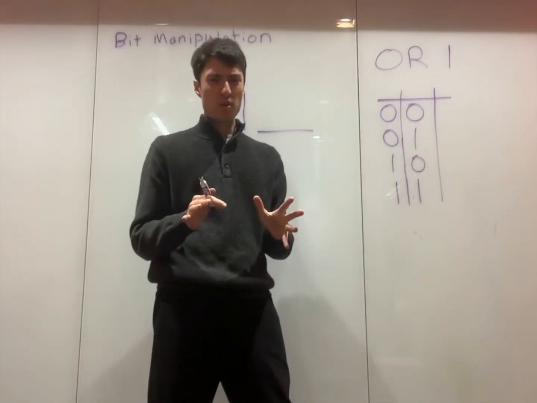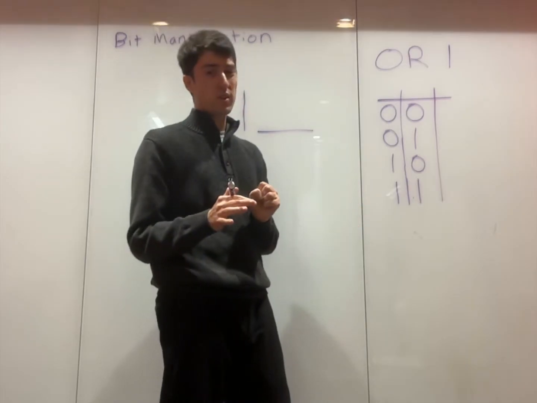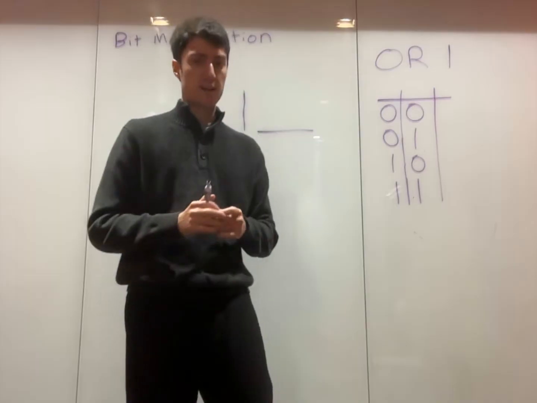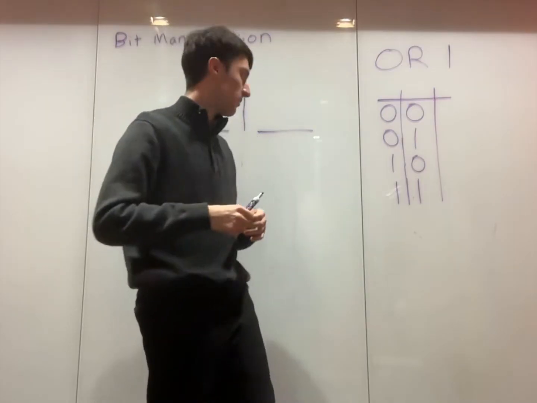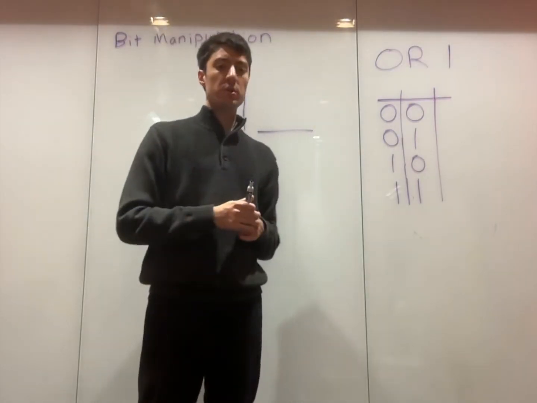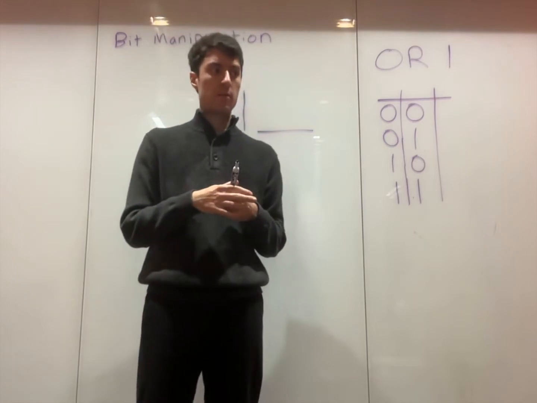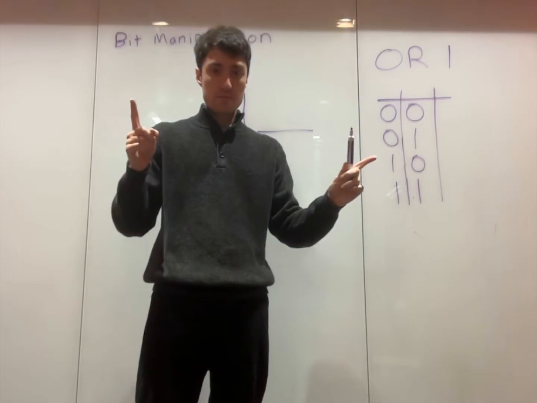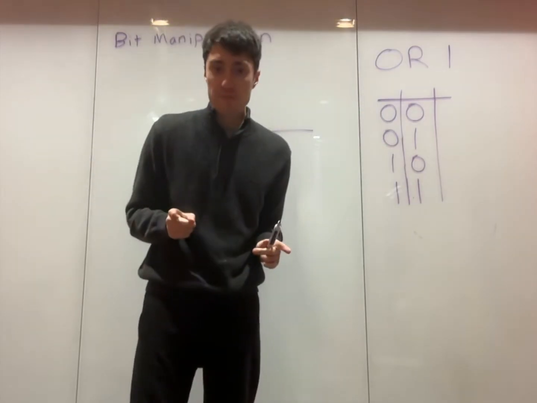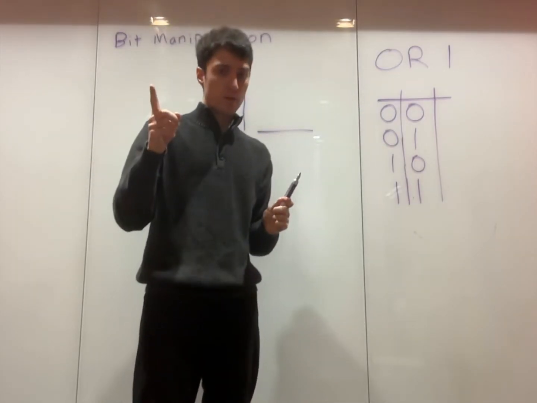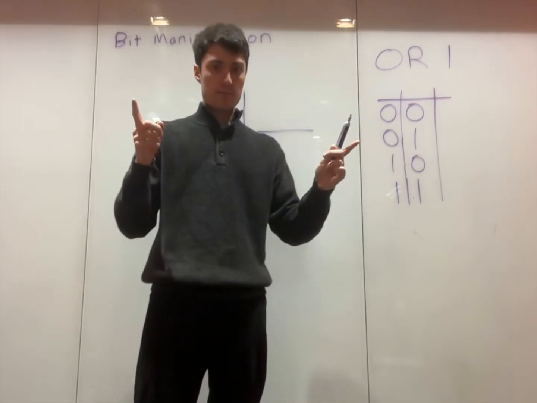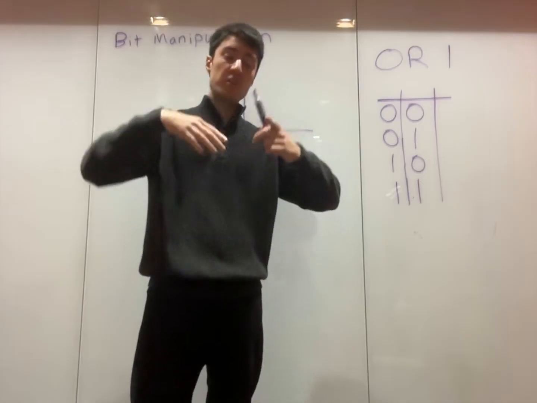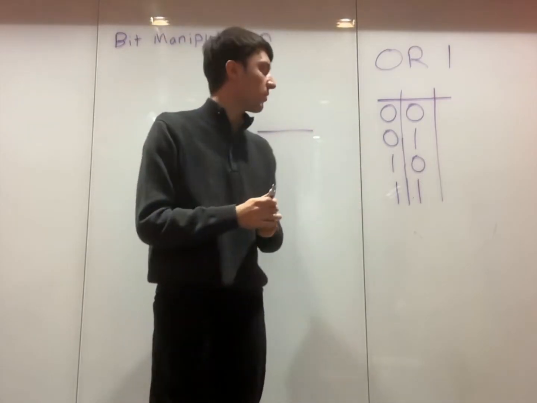These statements are actually very easy to understand because they follow English syntax. What do we mean when we say or? It means one or the other, or both. And if they're both, then we say yes, that's true as well. And that's what we see here.